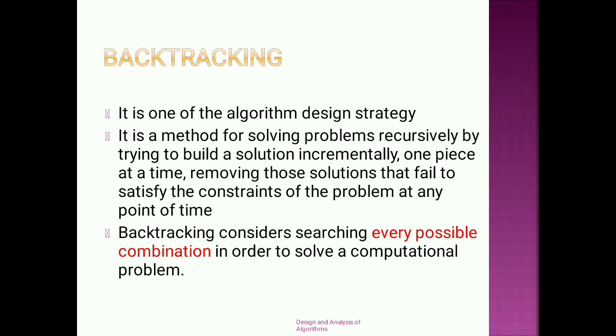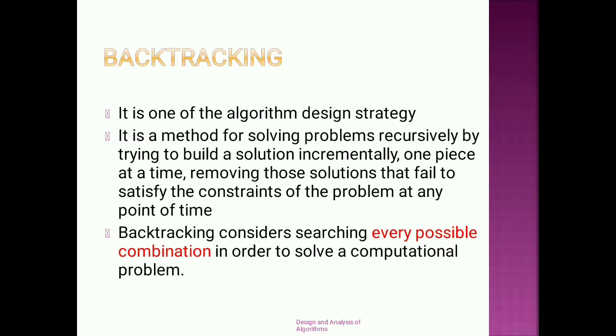Please remember that in backtracking, we build the solution recursively, or incrementally. Also in backtracking, we try to find every possible solution. In dynamic programming, if you remember, we find only the optimal solution.